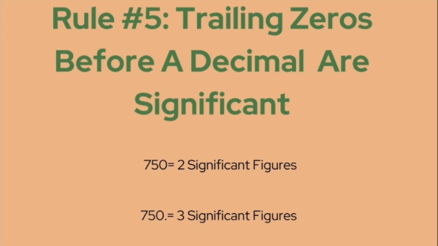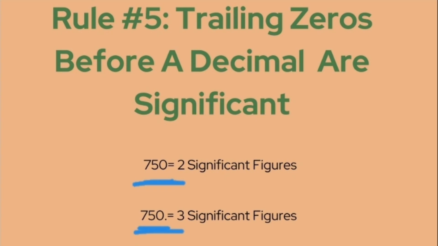So let's take a look at these examples. This one is really helpful in seeing this rule in particular. As you can see, we have 750 with no decimal place. In this example, we are not measuring out as precisely as, let's say, this one below.